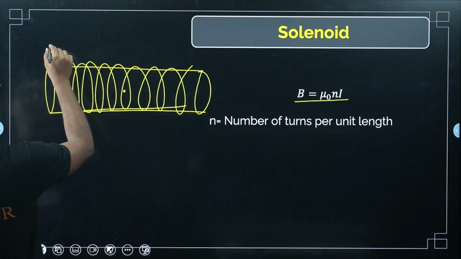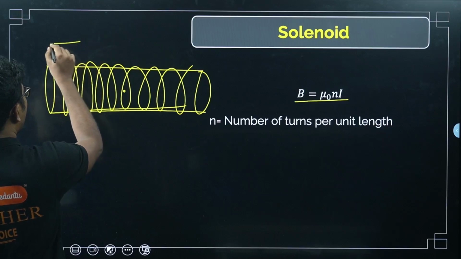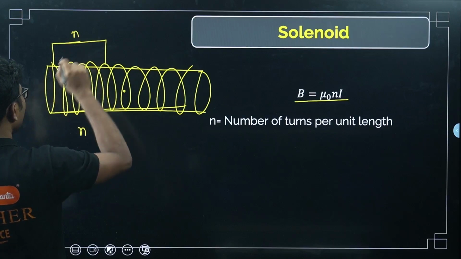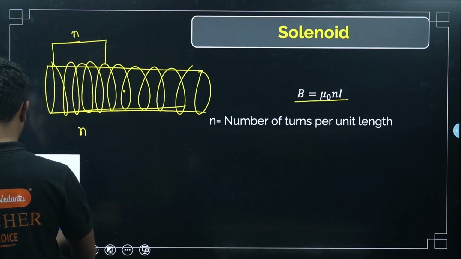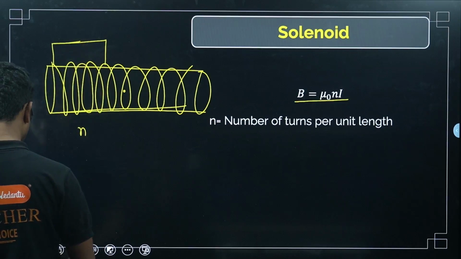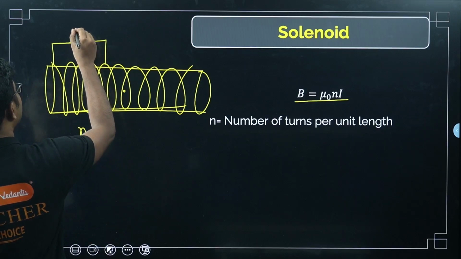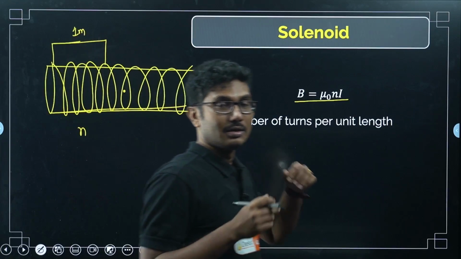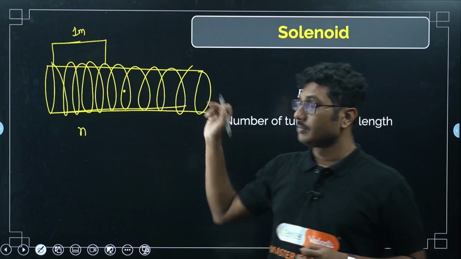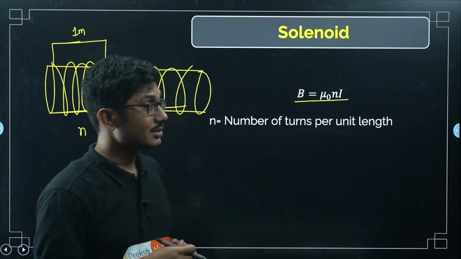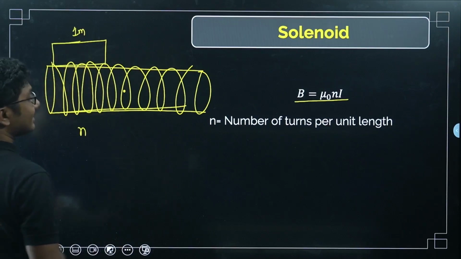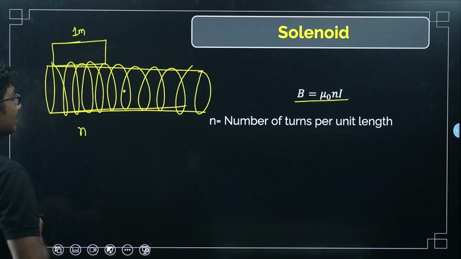Number of turns per unit length. That means if you consider, say, length is 1 meter. When the length is 1 meter, whatever is the number of turns in that is the number of turns per unit length.